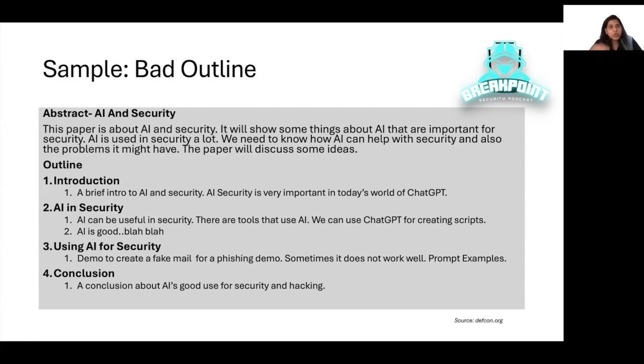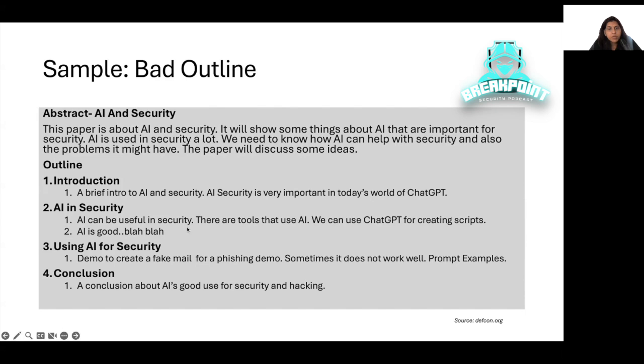Second thing is, if you look at the outline, there is a brief intro to AI and security. Most people know about it. AI security is very important in today's world. All of this, most of us know, is nothing new. You're not talking about the specific place, area, domain, or subdomain within AI where you were able to solve any particular problem or discover one, for that matter.